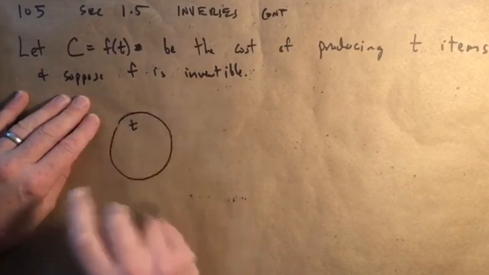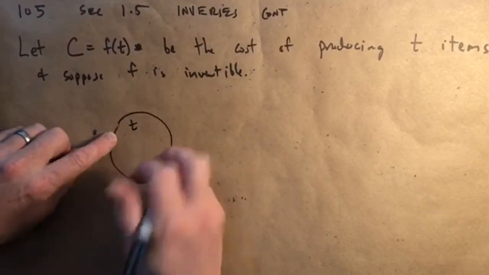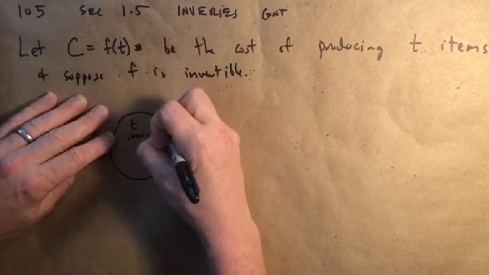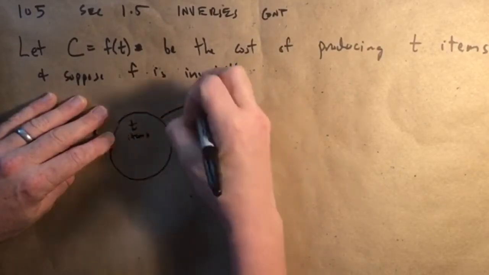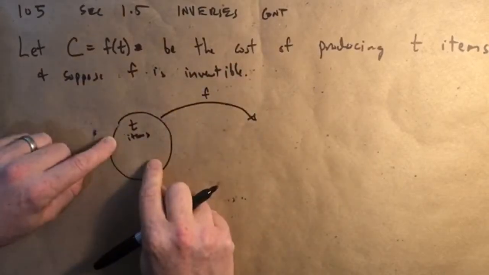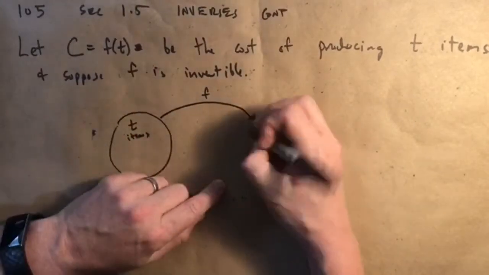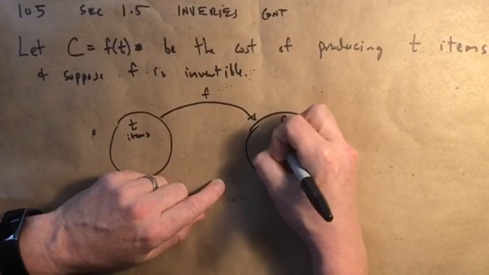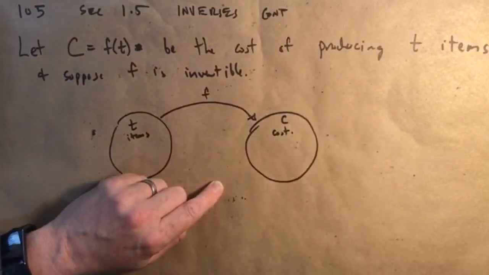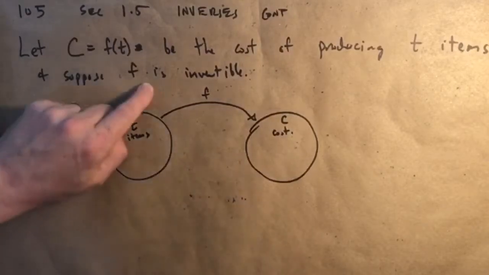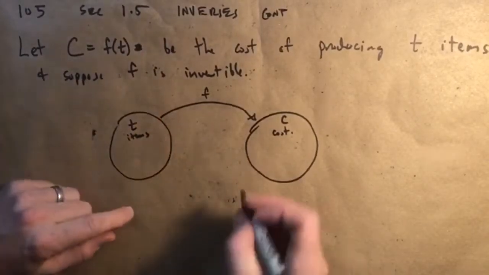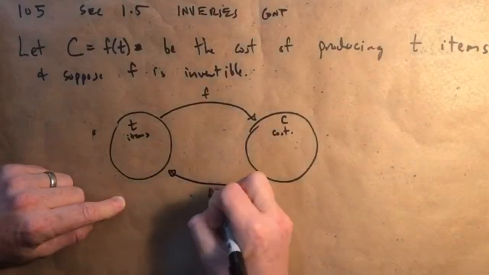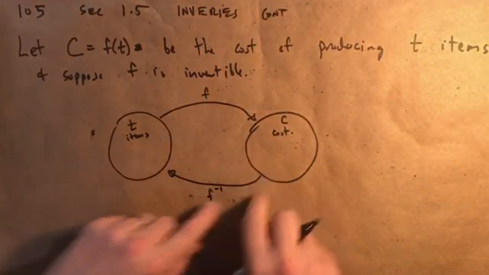I'm going to have t values over here, and I'm just going to write that these are items, and my function f takes things from the domain, which are some number of items, and it gives me some c value, which is cost. Because we know that f is an invertible function, I can think about this having the inverse, and I'm going to write that.